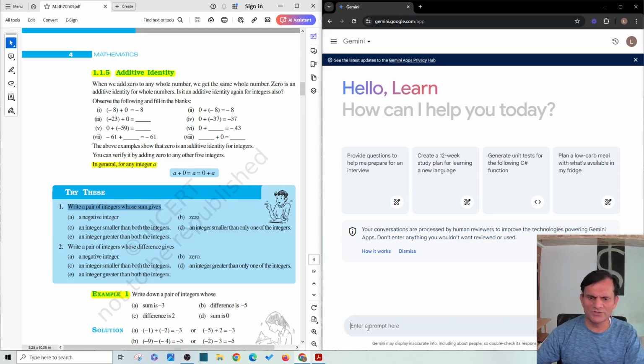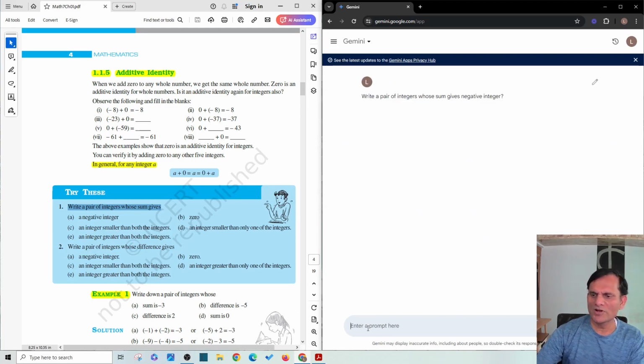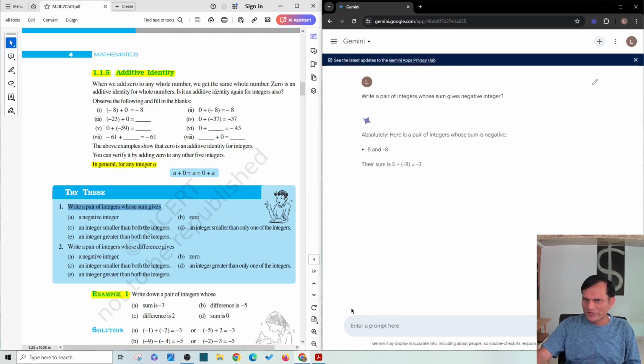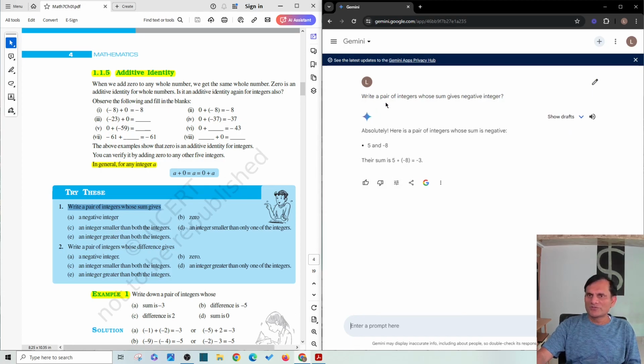So let us see how Gemini works. We are asking this question from Gemini. You see what answer we are getting. When we ask, write a pair of integers whose sum gives a negative integer, we get 5 and minus 8, and when we add, we get minus 3.